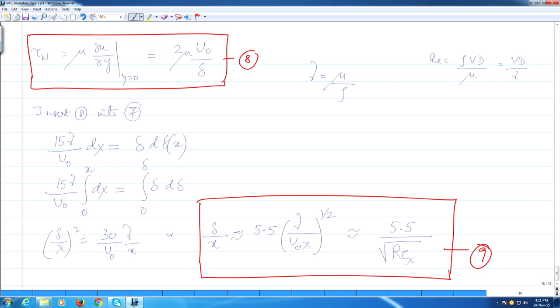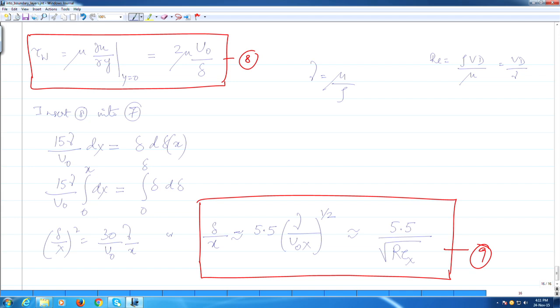Now, this d is the distance, and in this case the distance is along x, which is the direction of the movement of the fluid. The x is important because there is also a displacement in the y direction. It is not Re y. This is Re subscript x, denoting this.